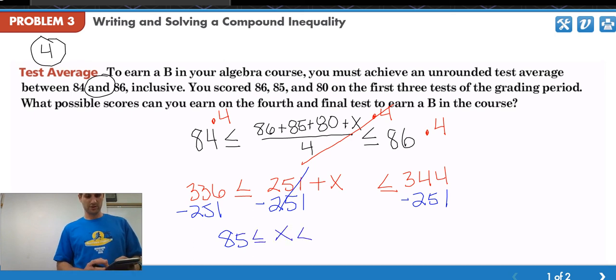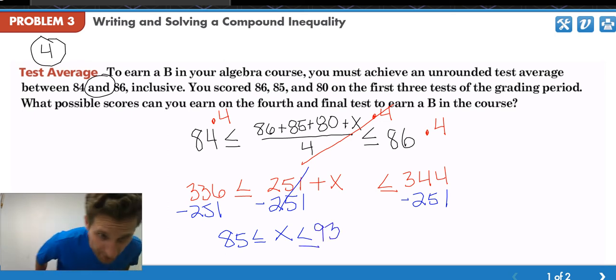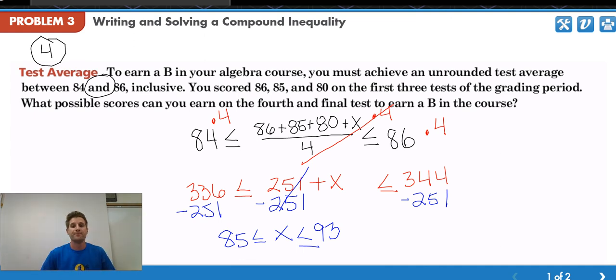And then let's go 344 minus 251, 93. So as long as I score between an 85 and a 93, I should be pretty good. Okay, I should have an average score between 84 and 86.